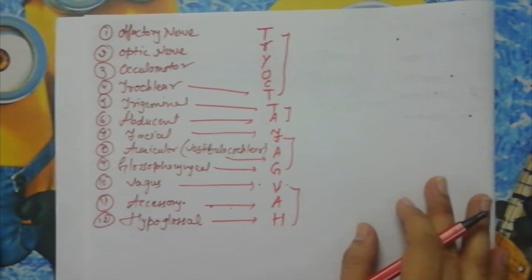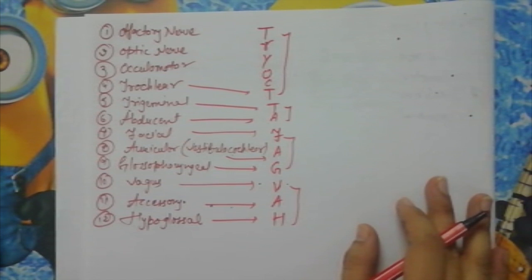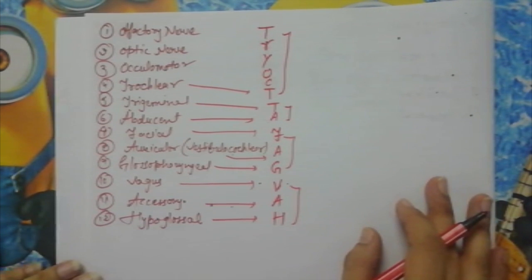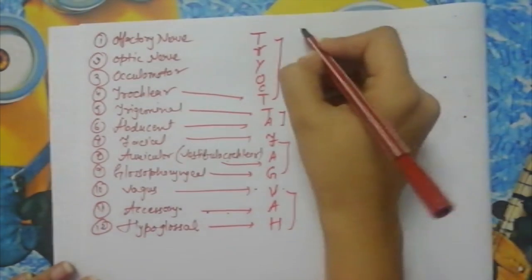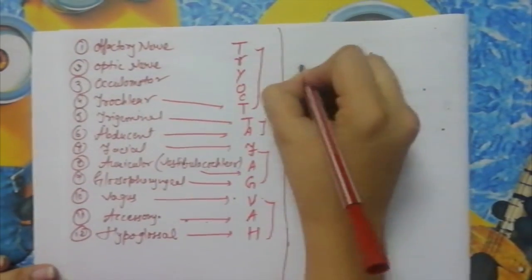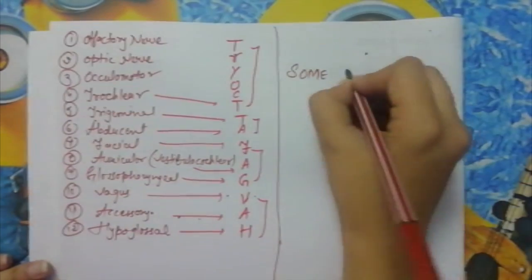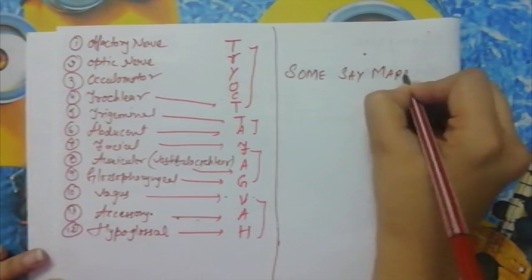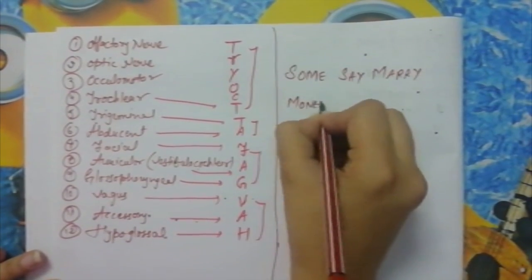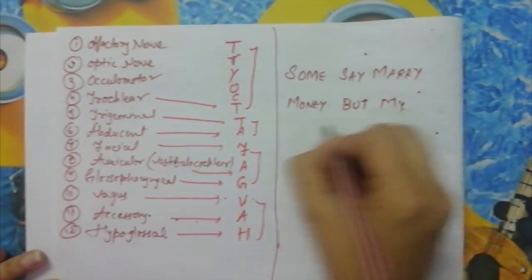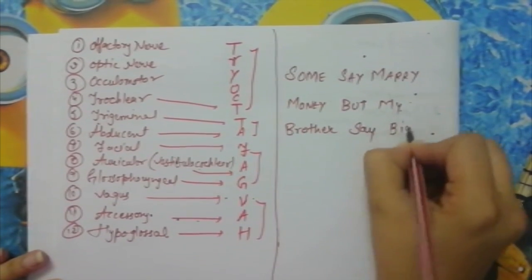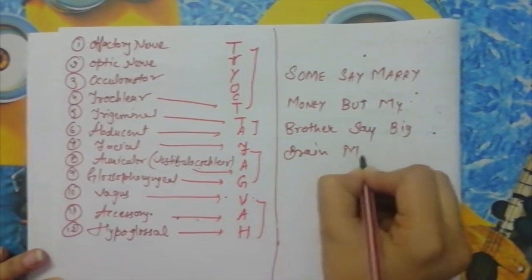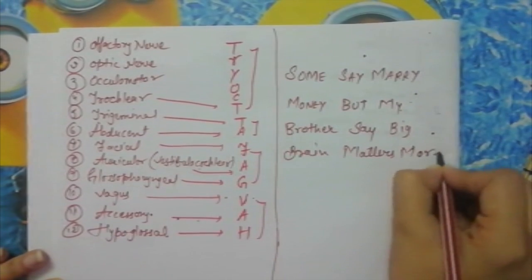Now, to know which cranial nerve is motor, which is sensory, and which is mixed, the functional type, I have made one more mnemonic: Some Say Marry Money, But My Brother Says Big Brain Matters More.